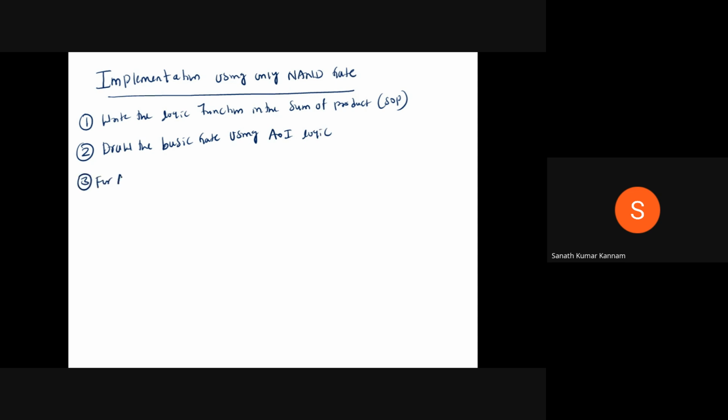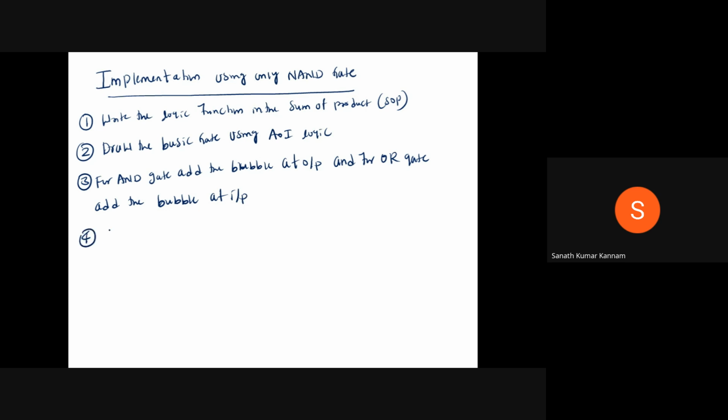Next, for the AND gate, add the bubble at the output, and for the OR gate, add the bubble at the input.